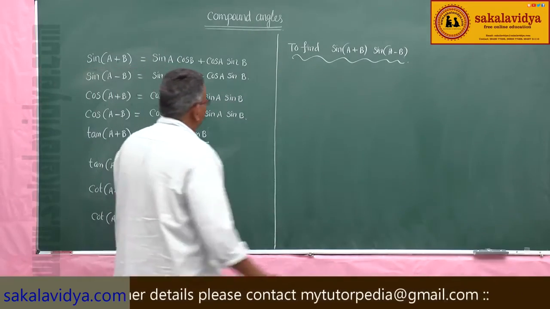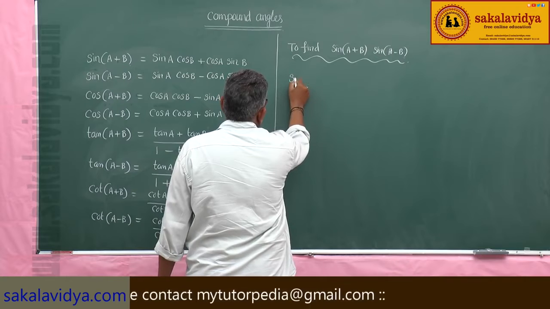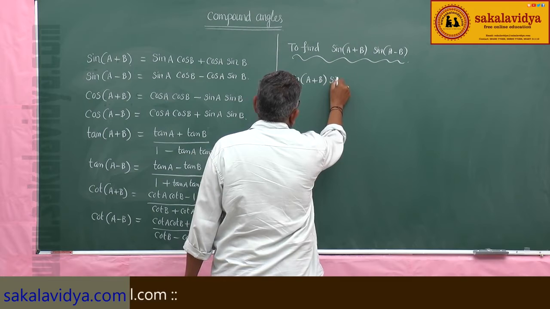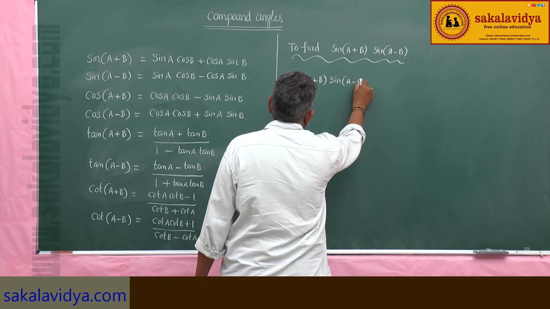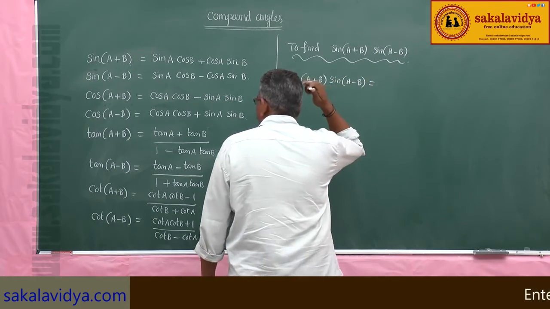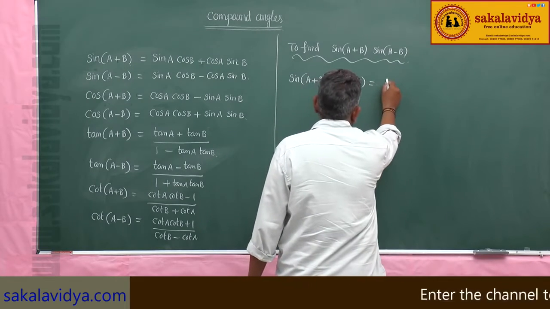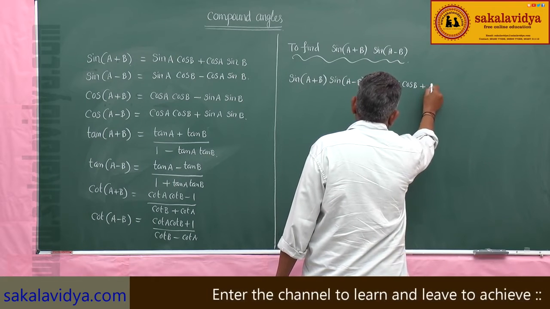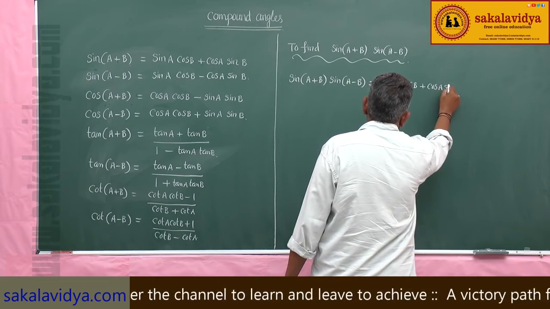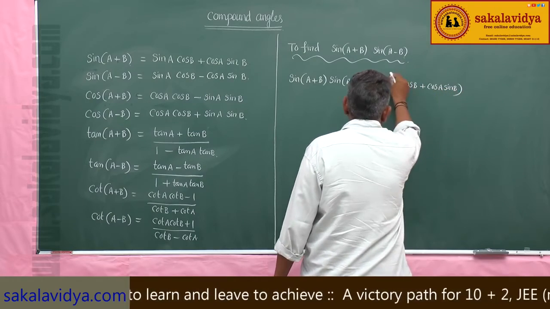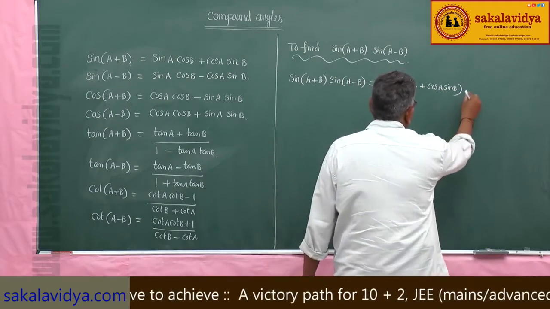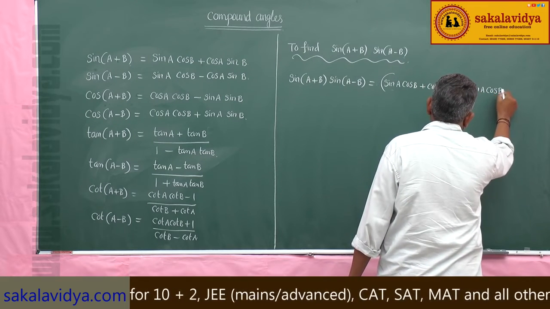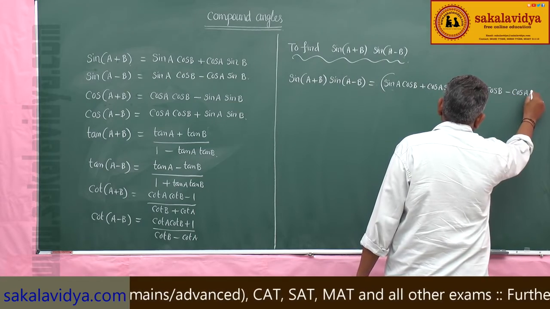So sine of A plus B into sine of A minus B is equal to sin A cos B plus cos A sin B, into sin A cos B minus cos A sin B.